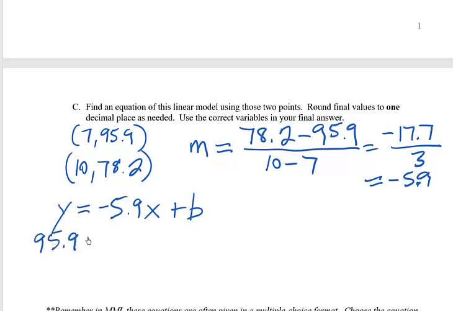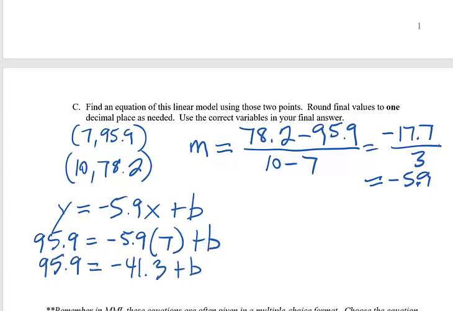Temporarily plug in one of the points for x and y, and then solve for b. So again, a little bit of calculator work here. That comes out to be negative 41.3, and then to get b by itself, I would just have to add that 41.3 to both sides.